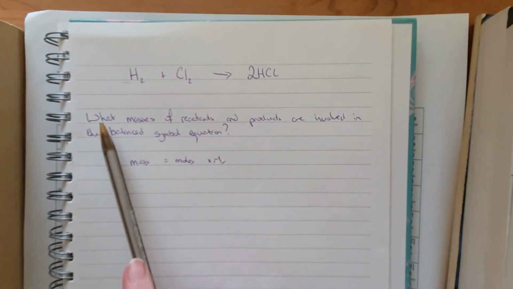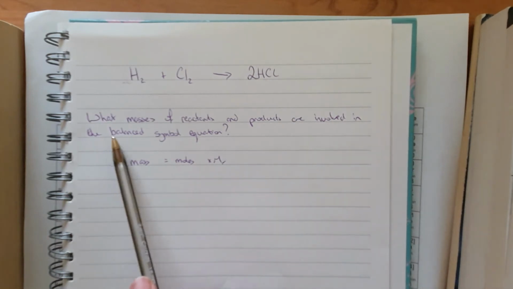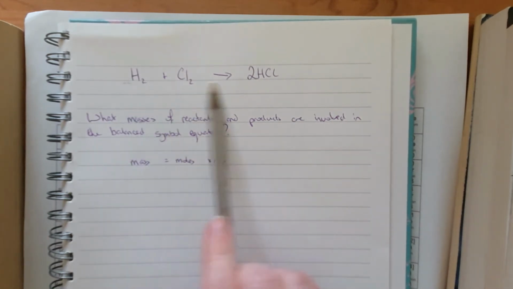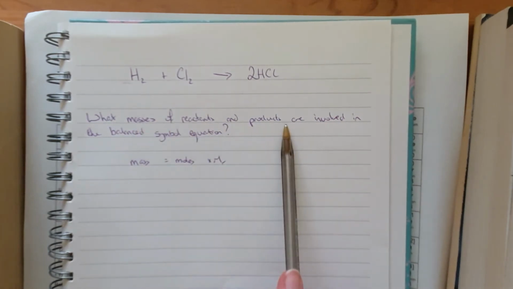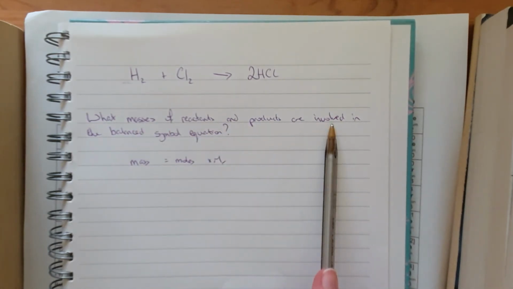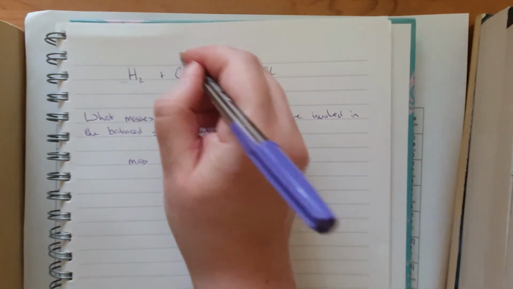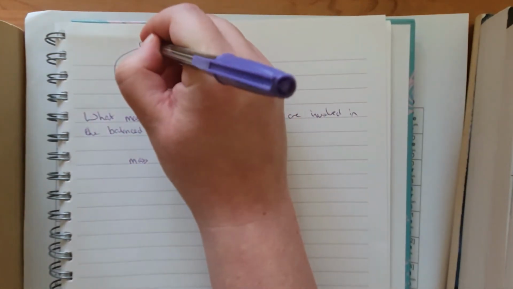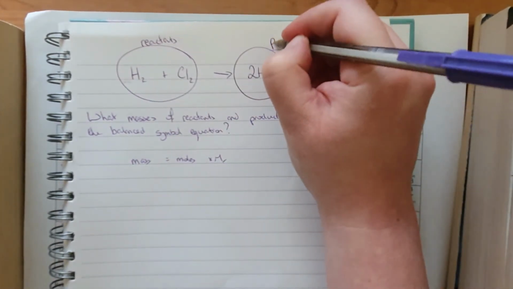Let's have a look at this question. What masses of reactants and products are involved in the balanced symbol equation? So we have our equation. It's asking us what masses of reactants and products are involved. Okay, so these are my reactants, and I need to find out what mass they are. And these are my products.